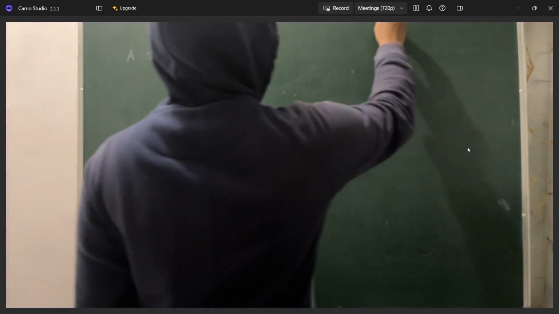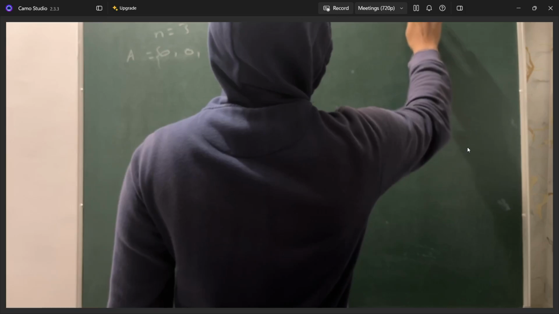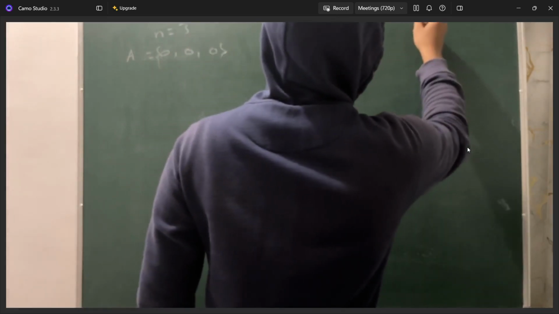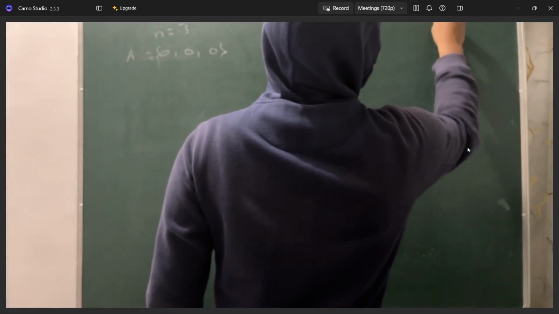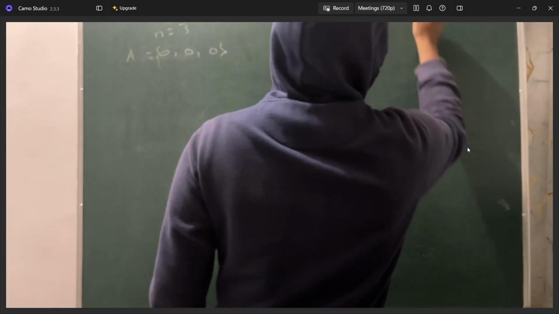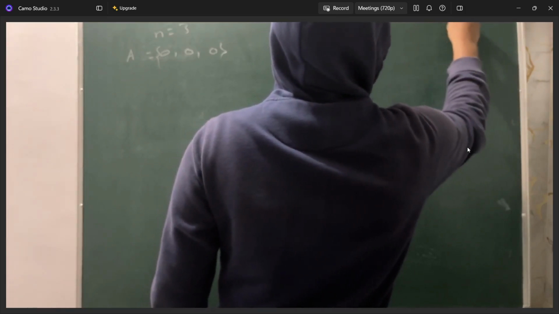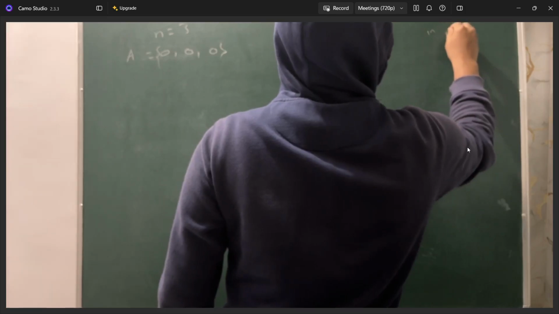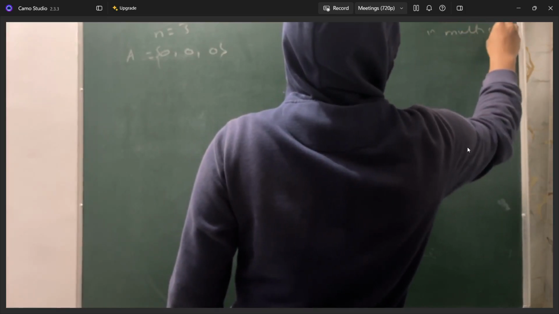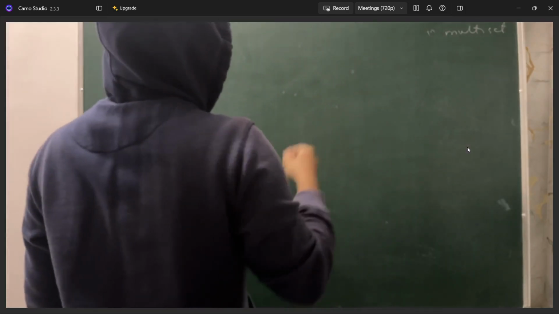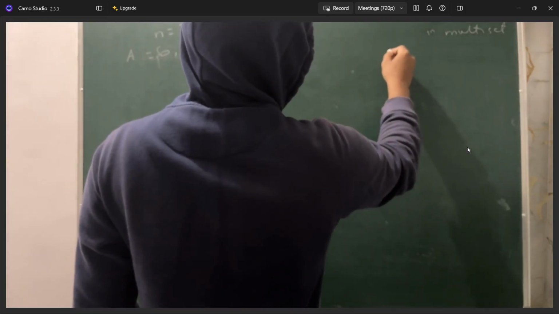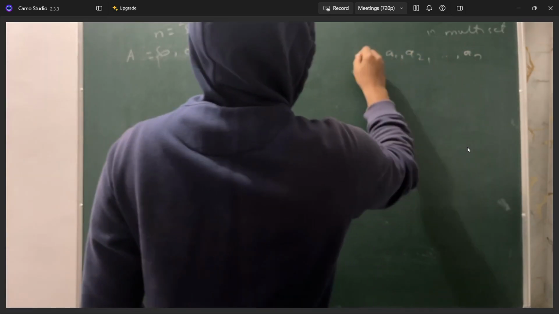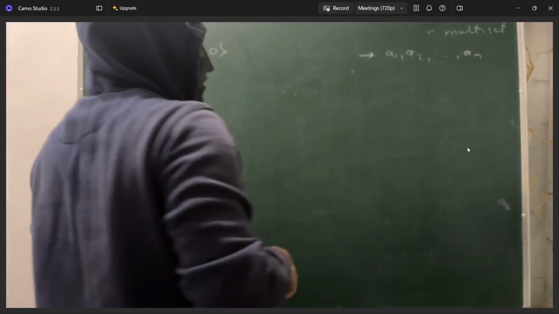They'll give n, basically the number of elements in the multiset, and in the next line they'll give n integers, let's say a1, a2 and so on up till an.